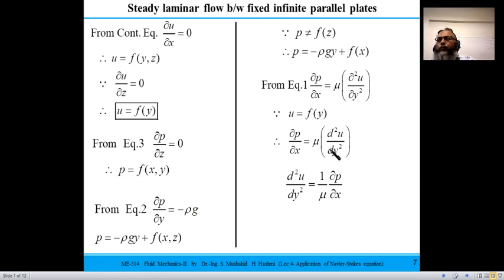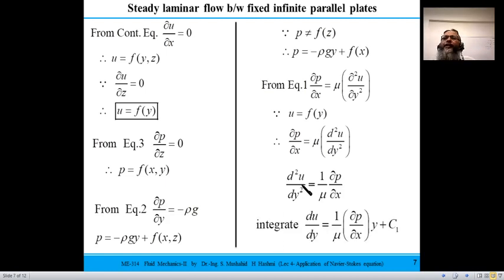Okay, so you can write this term like this too, because we just bring this term onto the left hand side and everything else on the right hand side, so it goes in the denominator. So this becomes your second order differential equation. So u is changing with respect to y. How to get u? By integrating this expression.